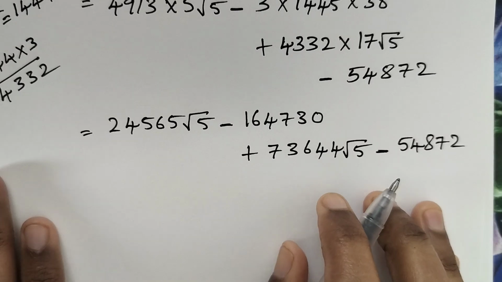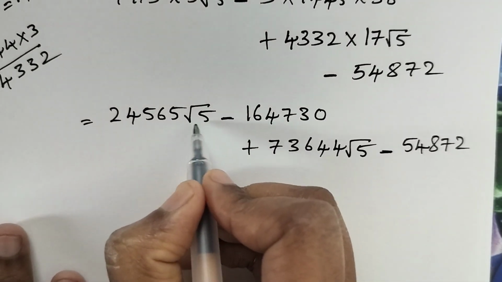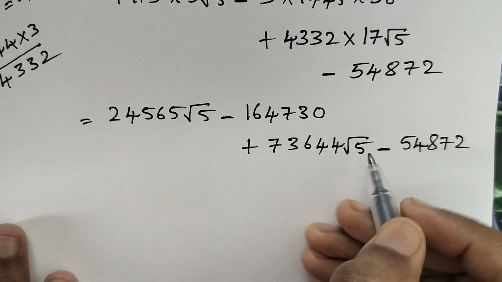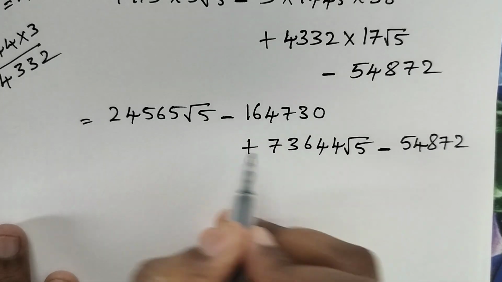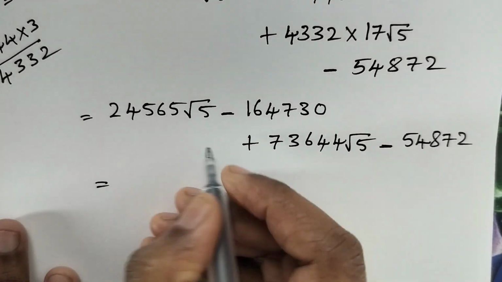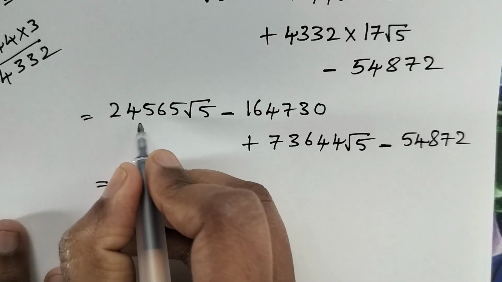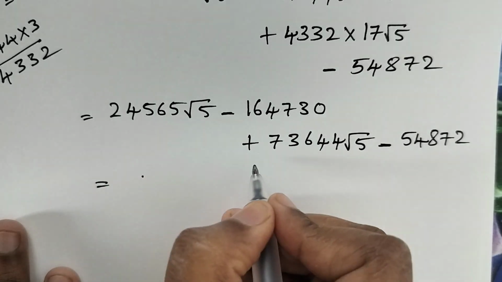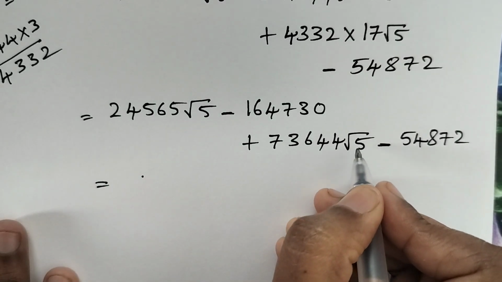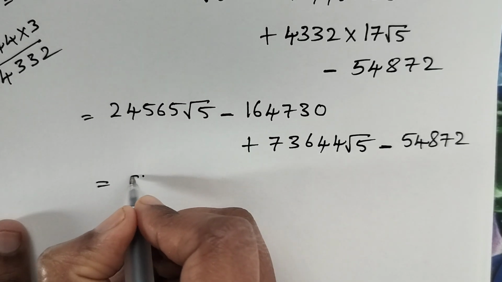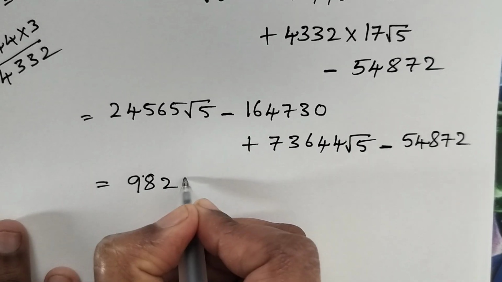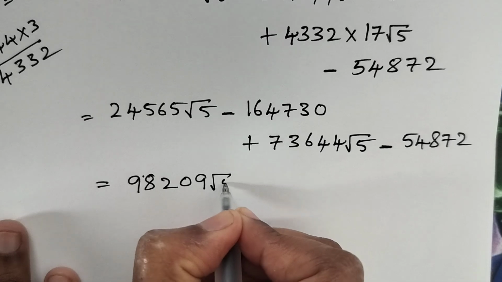So now here we have square root of 5 and here we have square root of 5. So now add these two values, then we will get 24565 square root of 5 plus 73644 square root of 5, which is equal to 98209 square root of 5.